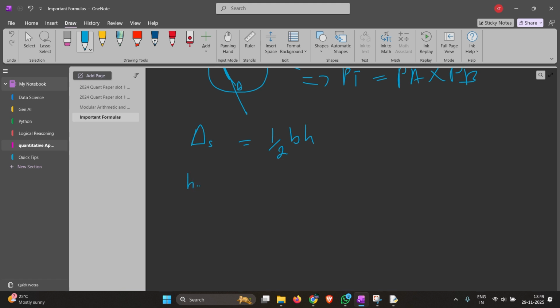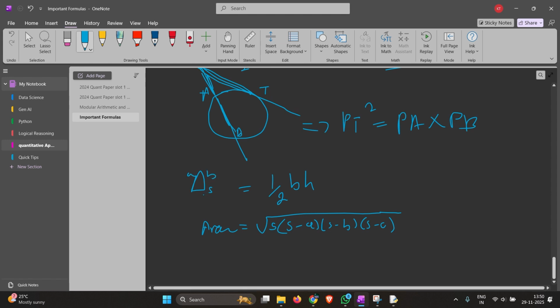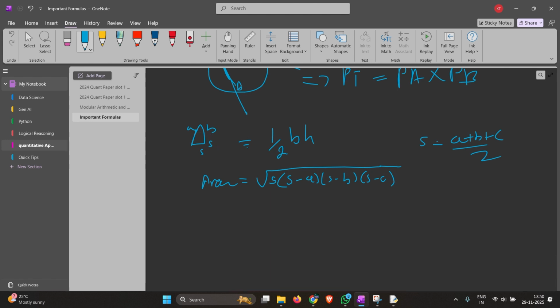We also have Heron's formula for the area of a triangle, which is nothing but root over s times s minus a, s minus b, s minus c, and a, b, c are the sides of the triangle, and s is nothing but a plus b plus c divided by 2. The s is also called the semi-perimeter of the triangle, as this is just the half perimeter, right? A plus b plus c is the perimeter of the triangle, so half perimeter.